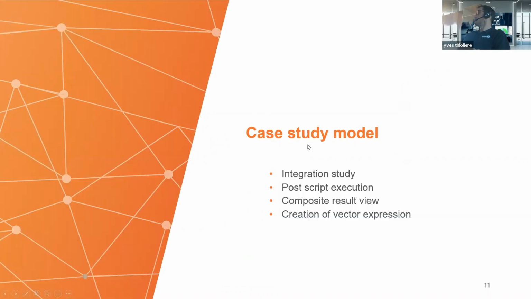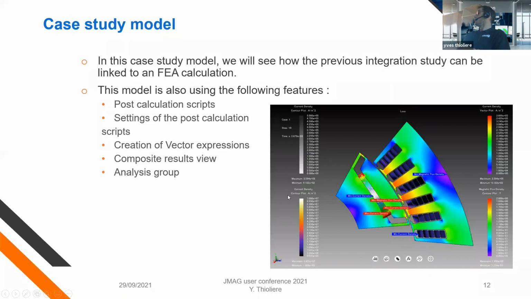Still, integration study is the topic. Okay, but I'm going to run some motor model with some FEA model. And I will highlight the post-calculation script, which is used in this calculation, and also some relatively new feature.